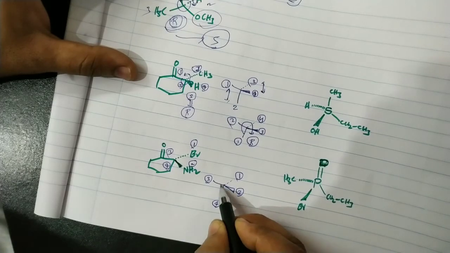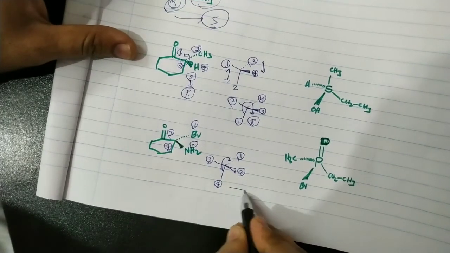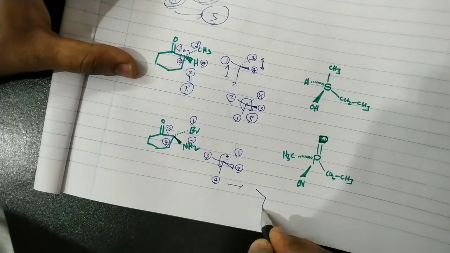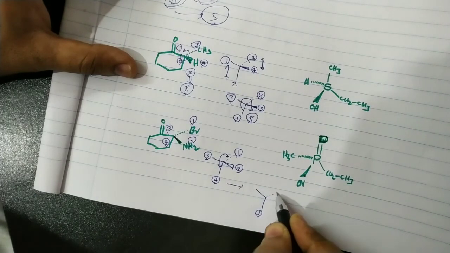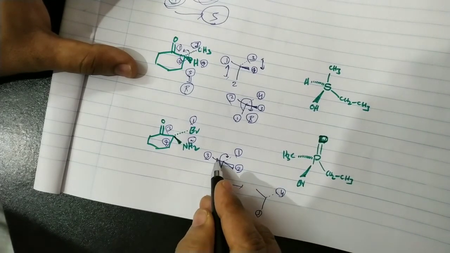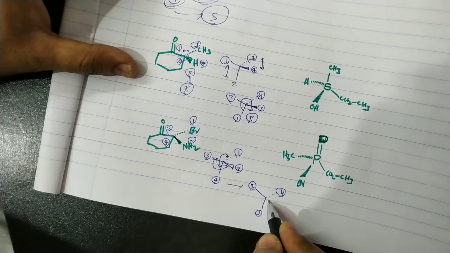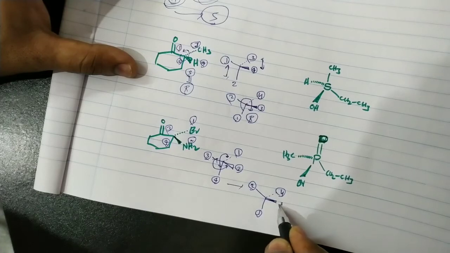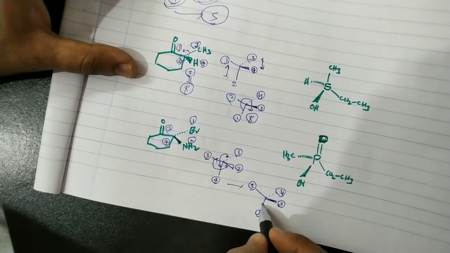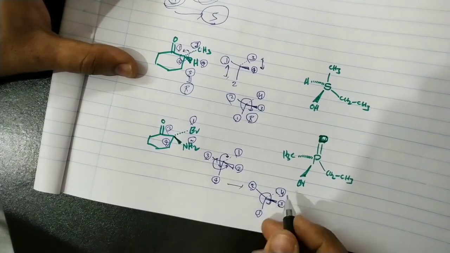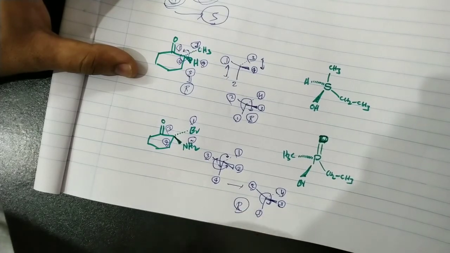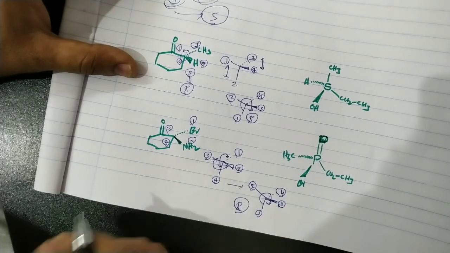Here exchange these two groups, so your first priority, here fourth priority. Now again exchange these two groups, so here second priority, and above the plane here third priority. So here 1 2 3, that arrow is in clockwise direction, so its configuration is R configuration. Okay, that's it.